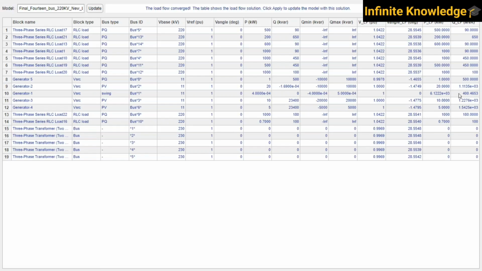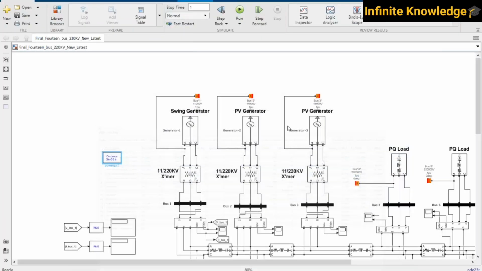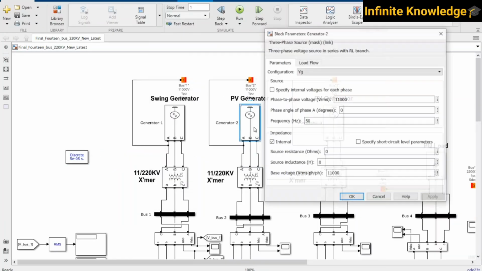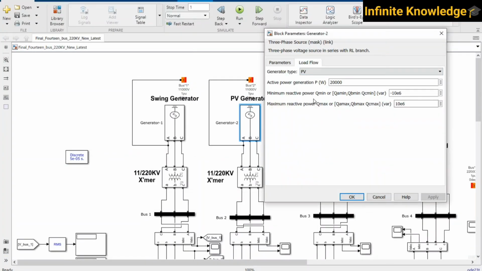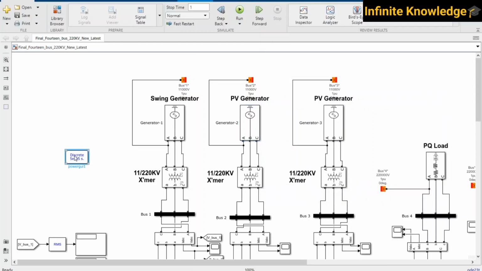And if I reduce this value, like generator 2 is providing this much reactive power, I go to generator 2 and reduce it by these values, and then check whether the values change or not.